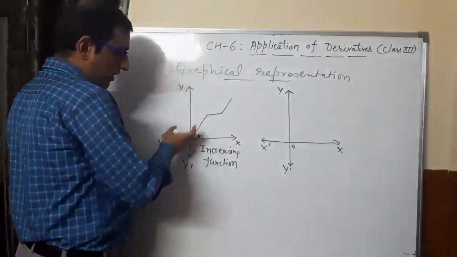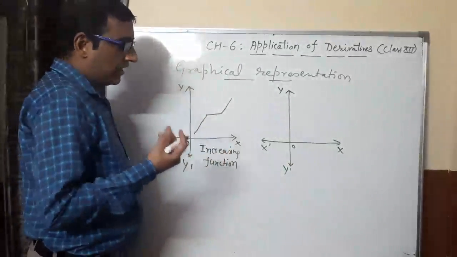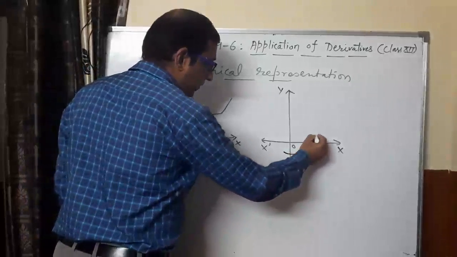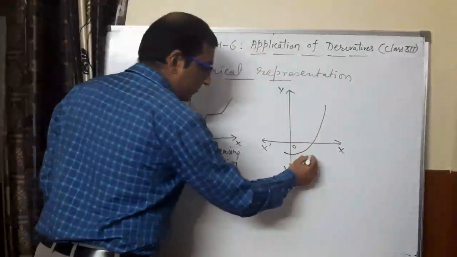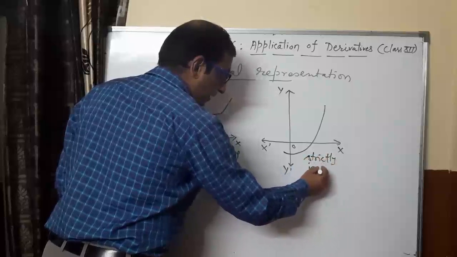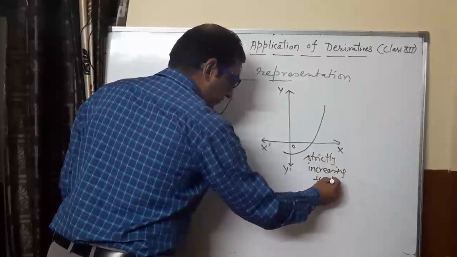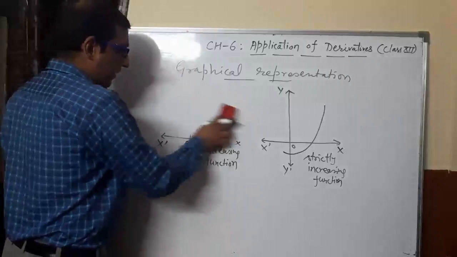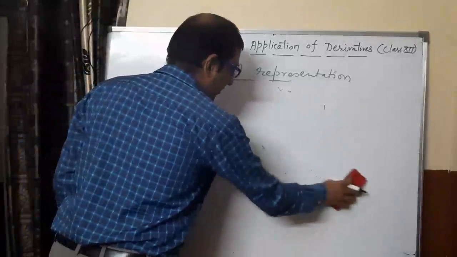So if this type of graph is related with increasing function, then for strictly increasing function we can say the graph looks like this. This is strictly increasing. So this is the graph related with strictly increasing function. Okay, now I am continuing with the decreasing function and strictly decreasing function.